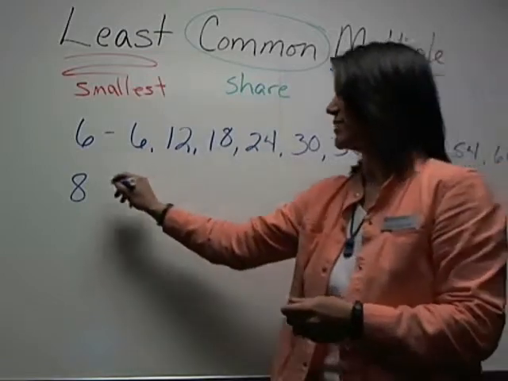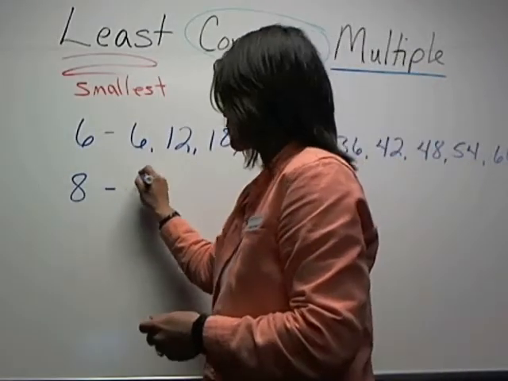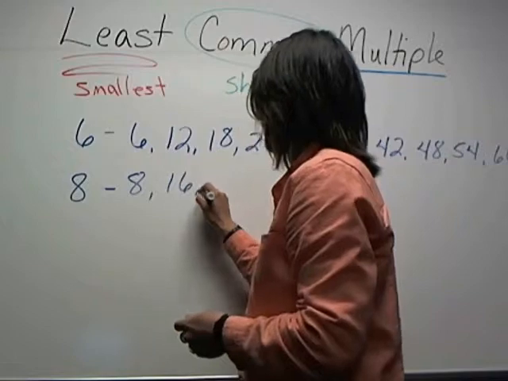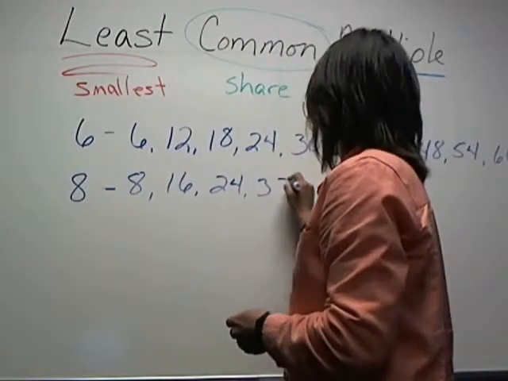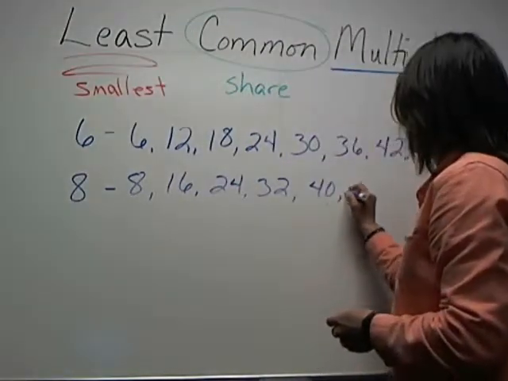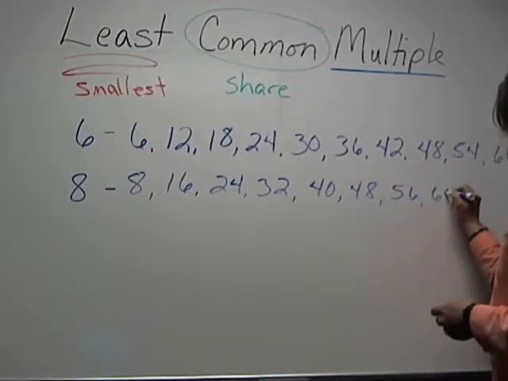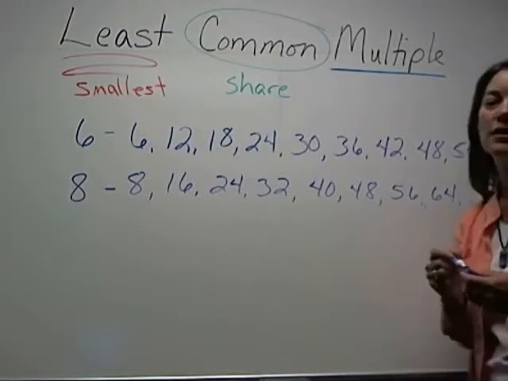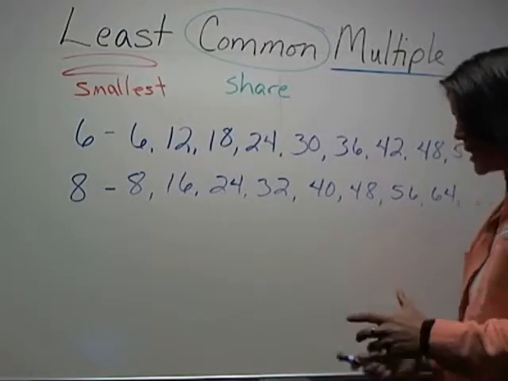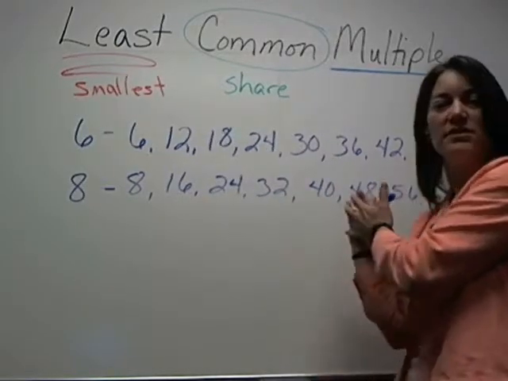And now we do the exact same thing with 8. 8 times 1, 8 times 2, etc. And we list those out. So now we have multiples listed of both numbers.